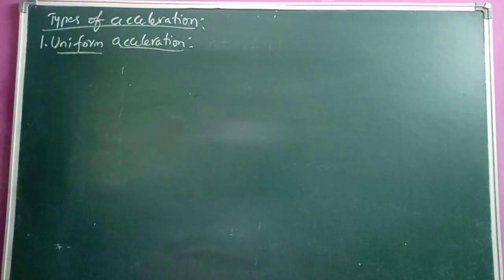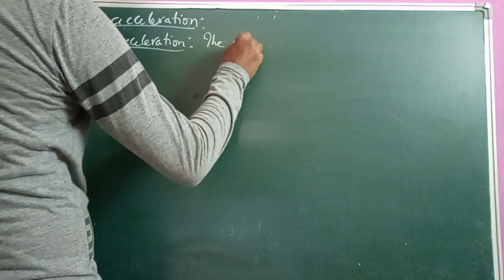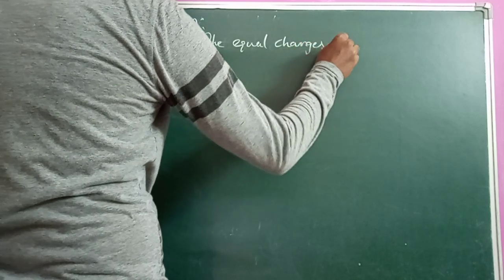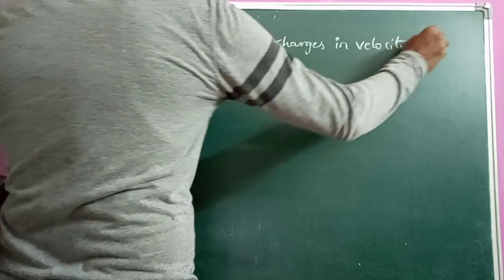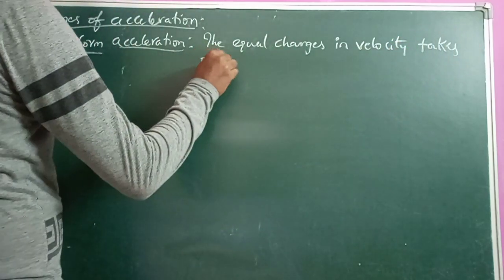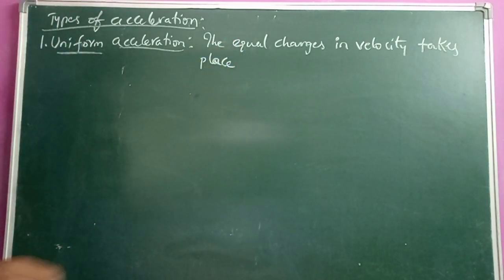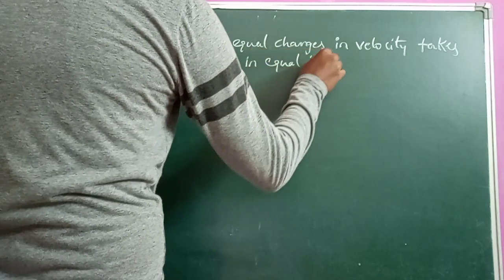Uniform acceleration can be defined as equal changes in velocity taking place in equal intervals of time.